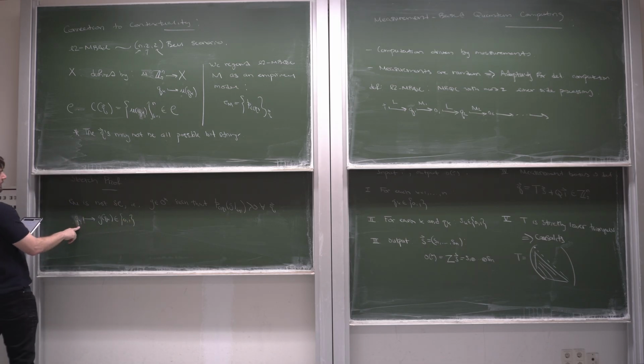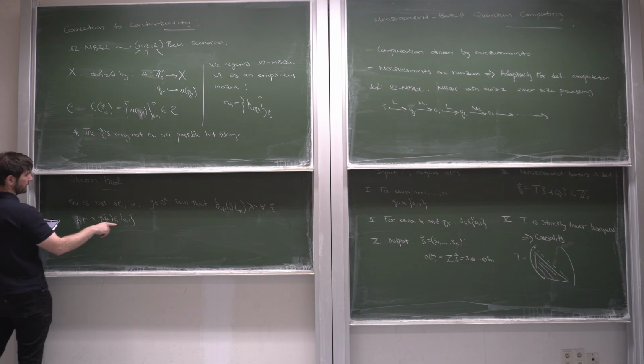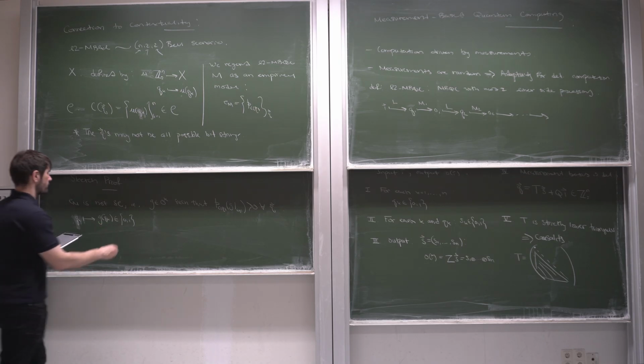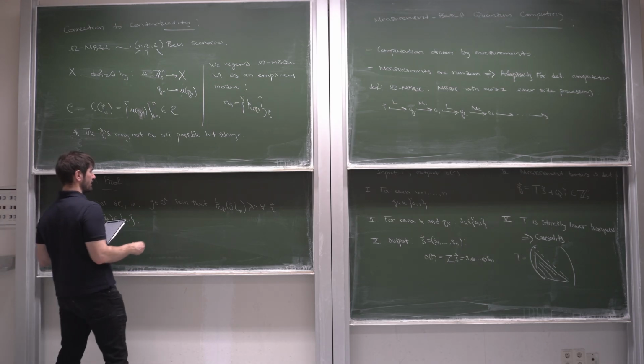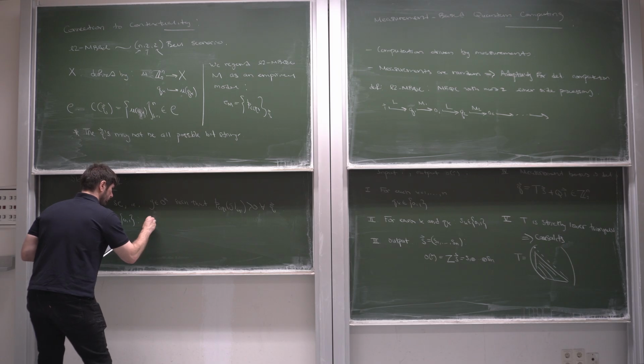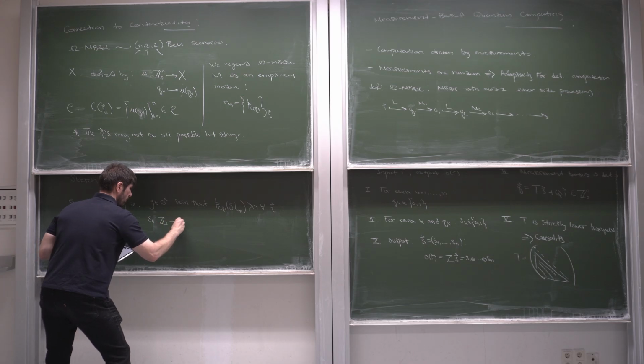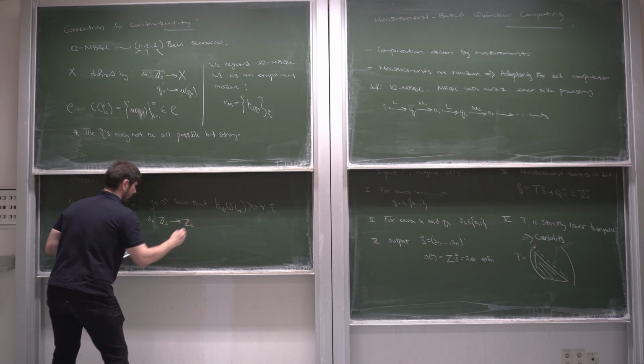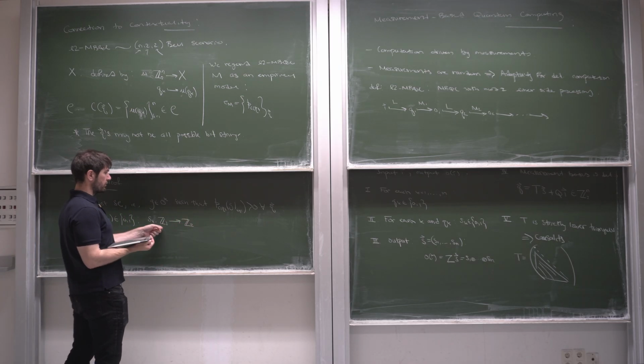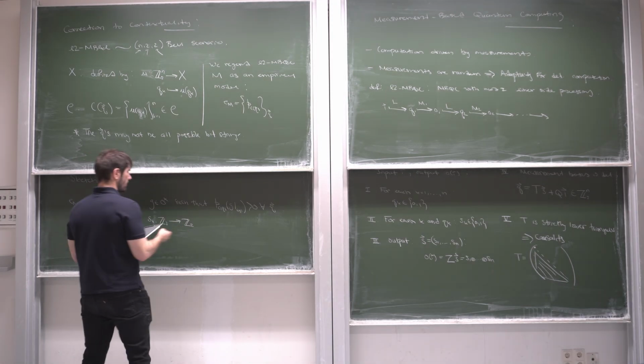So the input is 0, 1, and the output is 0, 1. So the outcomes themselves, which we'll write as SK, is a map from Z2 to Z2. There's 2 inputs, 2 outputs.